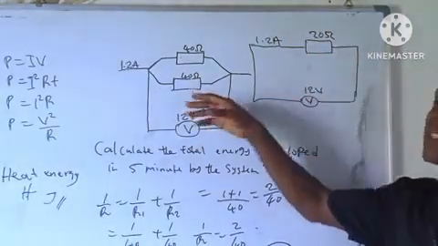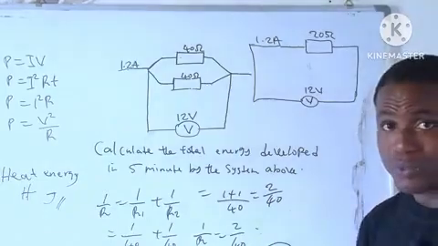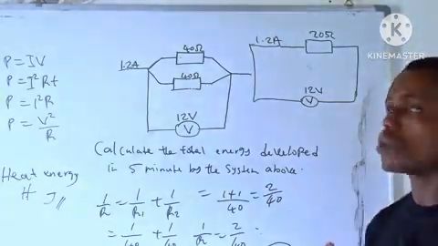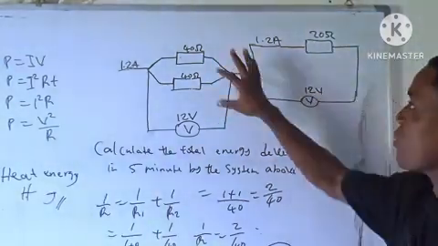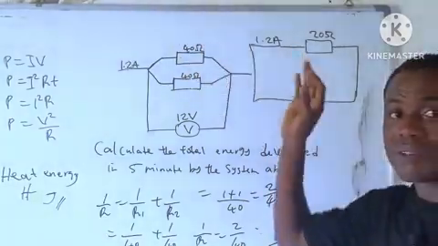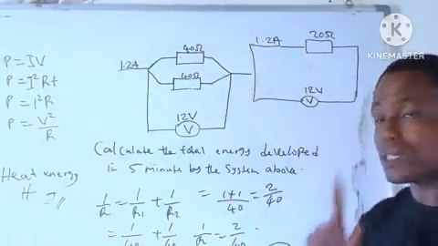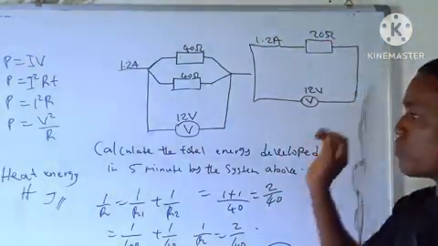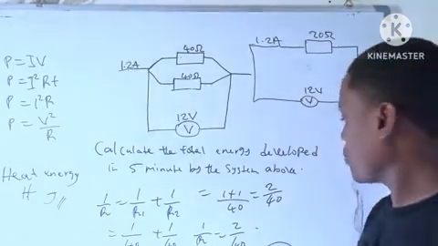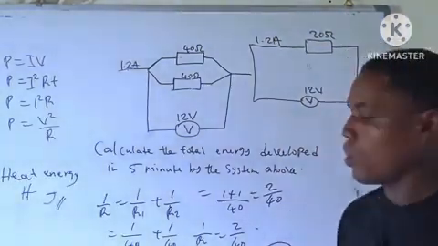So you can leave it in this form and continue with your calculation, but I'm just showing you an example. Okay, so this is the second one because we have calculated the value, that is the single resistance, which is 20. So you can represent the diagram in this form. Okay, so please don't be confused. Now we are adding one.